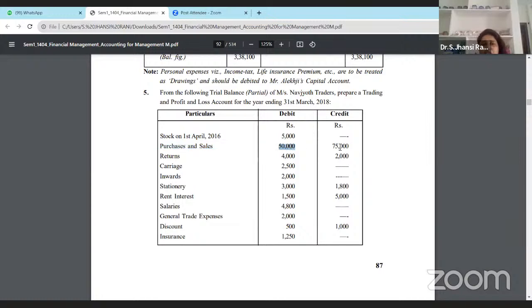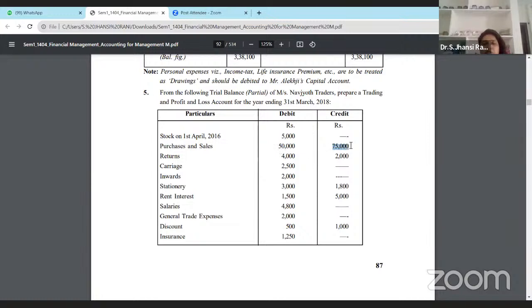So which is purchases, which is sales, how to understand? Purchases means goods are coming into the business. Debit what comes in, as per the real account. So whenever goods are coming, that will be debited. So this debit column amount is related to purchases. This 50,000 is related to purchases.